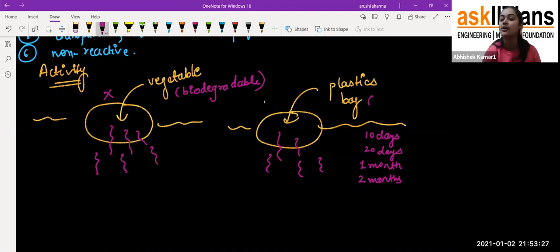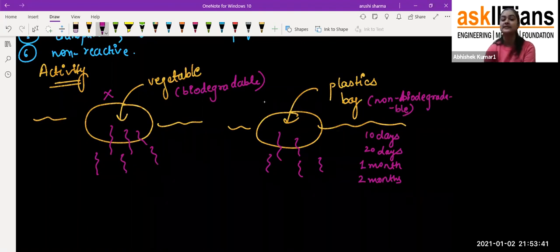It is non-biodegradable. That means plastic bags are not decomposable. And this is the reason behind the impact of plastic on the environment. It is not a good impact, it is a very bad impact, because plastic is not decomposable in nature.